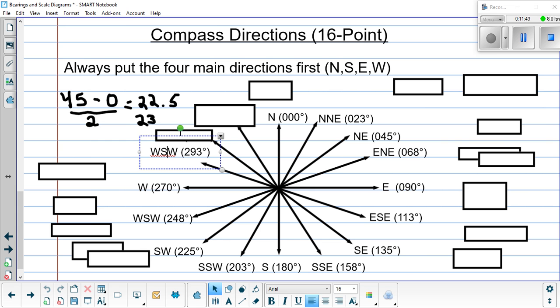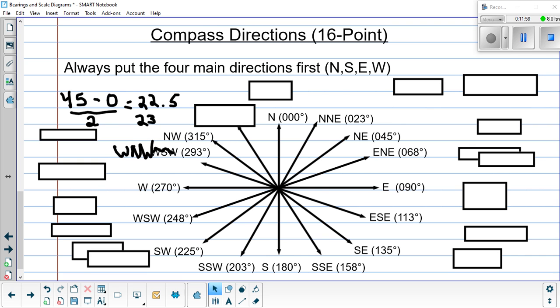My apologies. So just fix this on the fly. We'll just cross it out and go west of northwest. Okay. And similarly, we keep going around northwest and north of northwest.